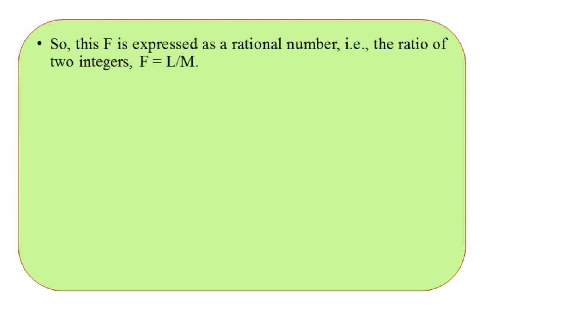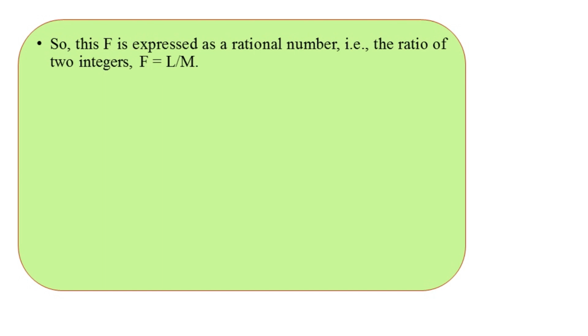Here we denote capital F equal to capital L by capital M. Here capital L is the integer interpolation factor, also known as the upsampling factor, whereas capital M in the denominator is the decimation factor, the downsampling factor.